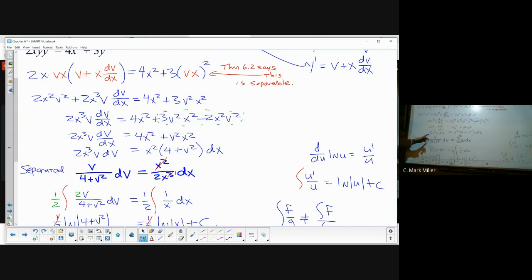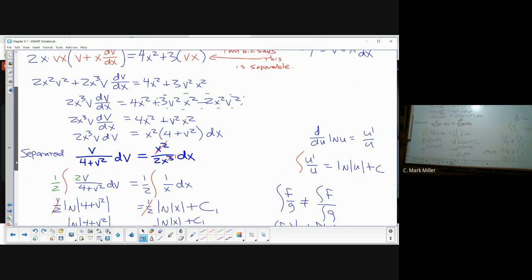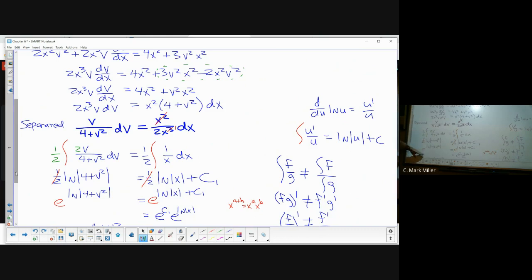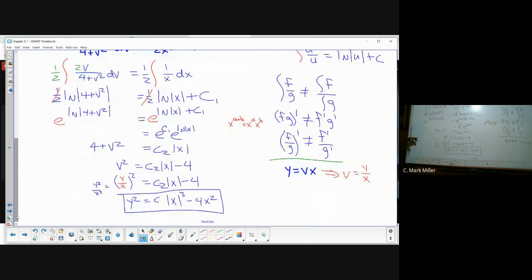And that is what the theorem guaranteed you. The theorem guaranteed you that if it was homogeneous, substituting y equals vx would make it a separable differential equation, which we know how to solve. So here, it's separated. We know how to solve those, and we did. But even the solving there is a good bit. Any questions on that?